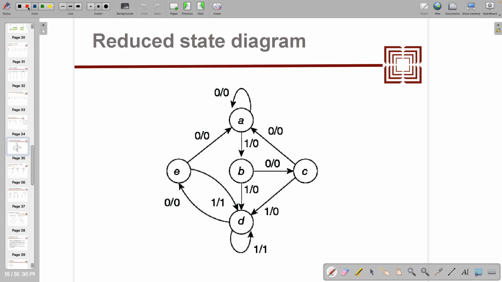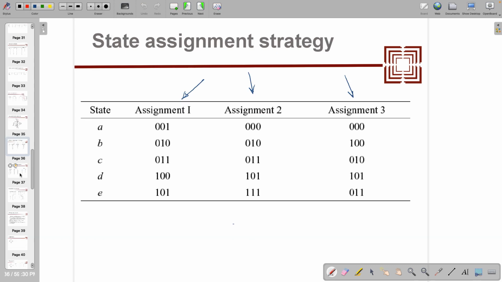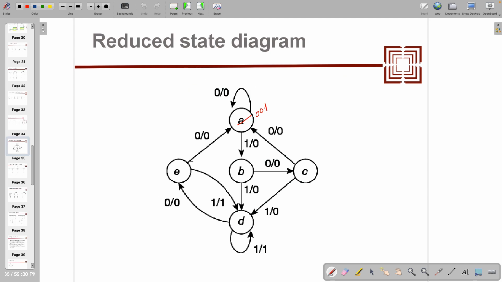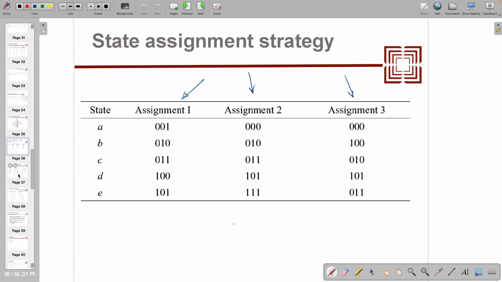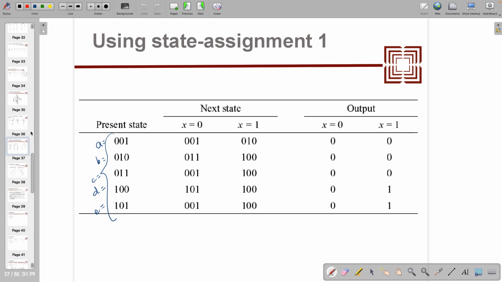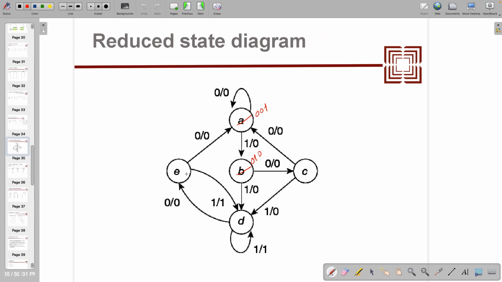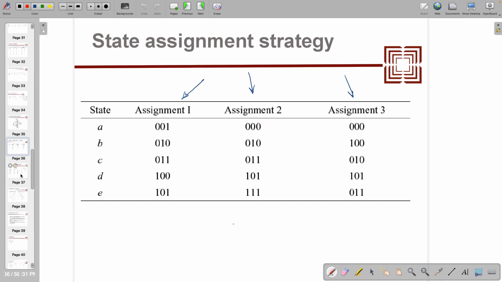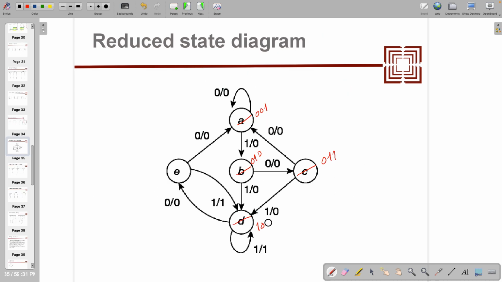I have replaced with the value, this one as 001, 010, 011, 100 and 101.